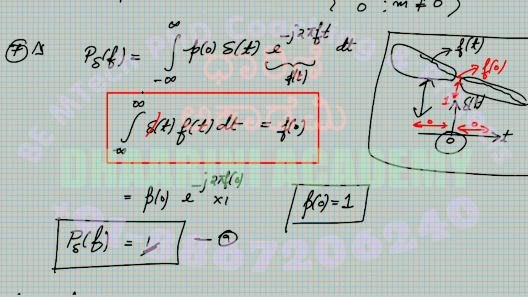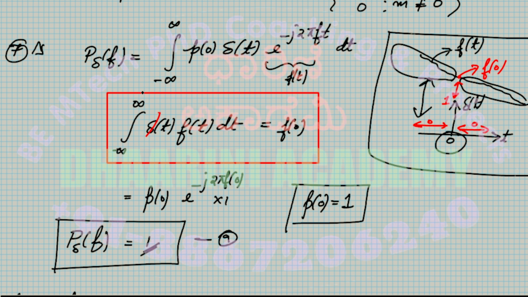The delta function exists at only one point, and at that point, whatever is the f value, take a product, because delta of t is 1. At t equal to 0, the value of the function f is f of 0. So it's actually f of 0 into 1.